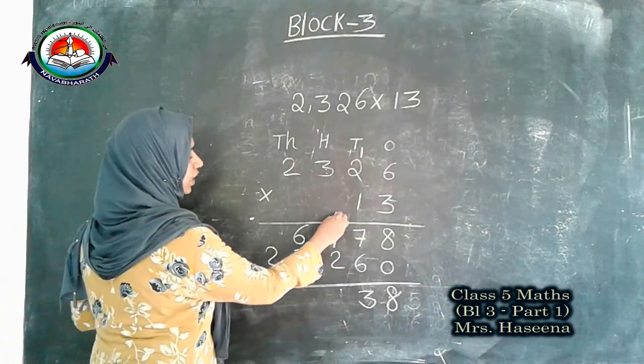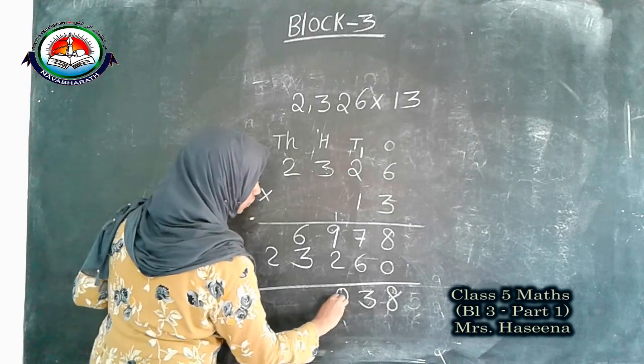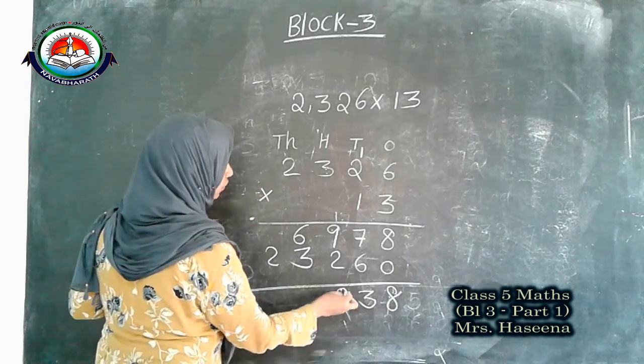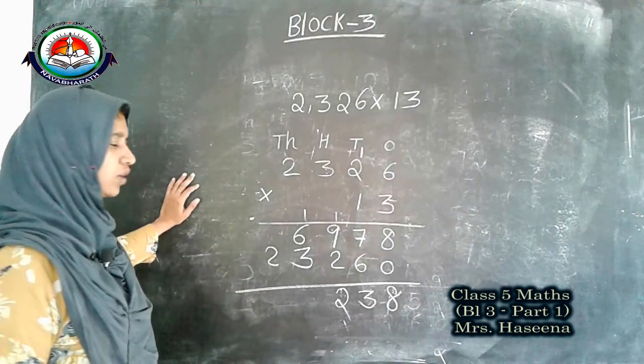Then 9 plus 1, 10. 10 plus 2, 12. 12 we can write 2, carry over 1, that is 1000.